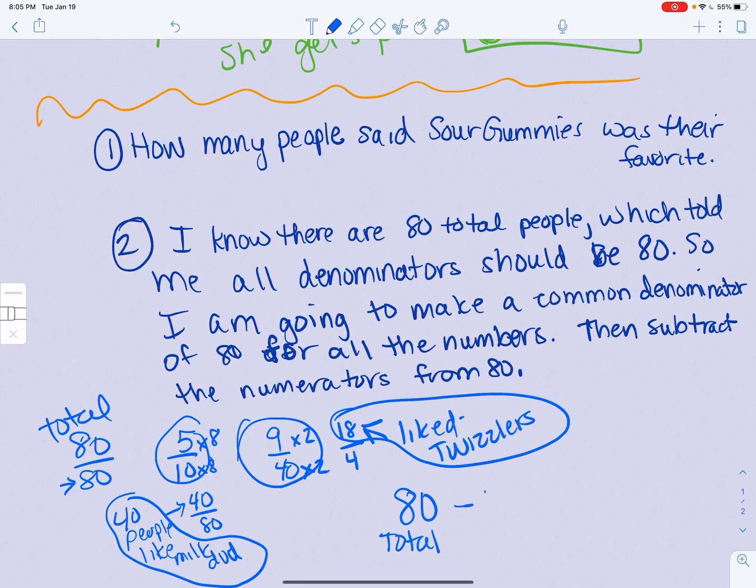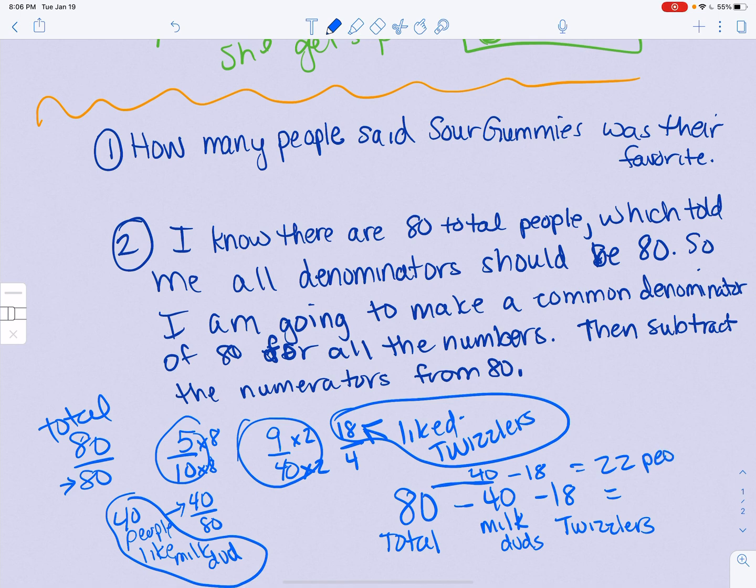I'm going to subtract 40 for Milk Duds, and I'm going to subtract 18 for Twizzlers. I work backwards. So 80 minus 40 is 40, minus 18, if I did my math right, is 22.